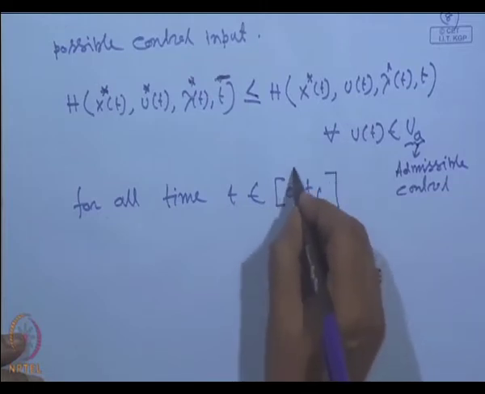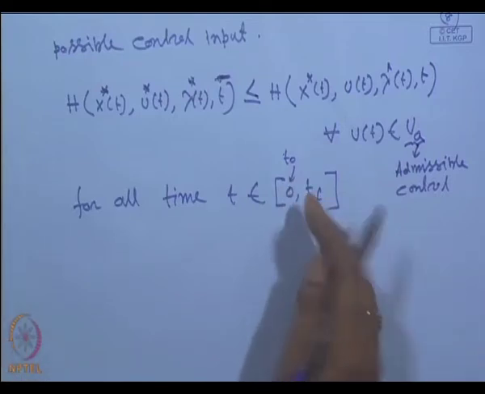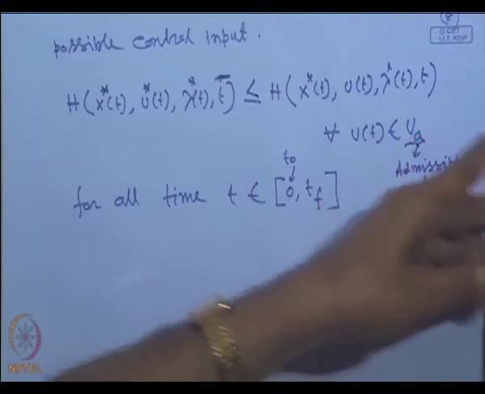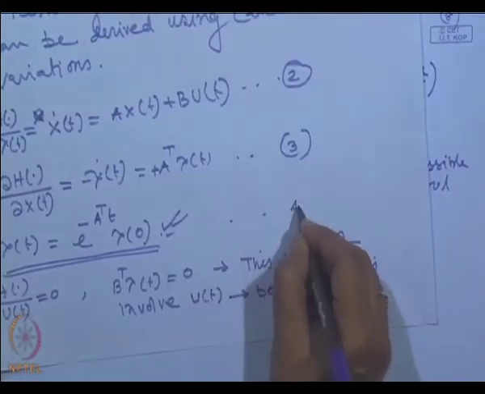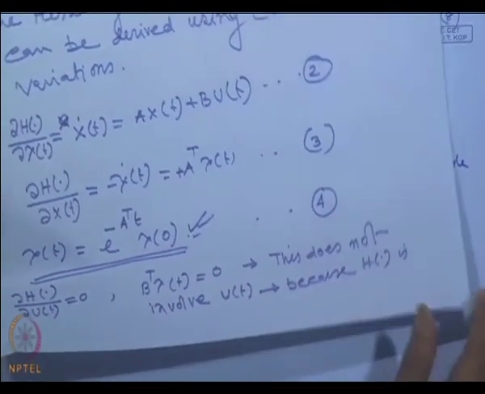If this is our t 0 and t 0 is 0, then it is 0 to t f, or if it is not 0, then t 0 to t f. Agree? So, what is our equation? We have given it 3. Let us call lambda equal to this, our equation number 4. The co-state vector equation is 4.